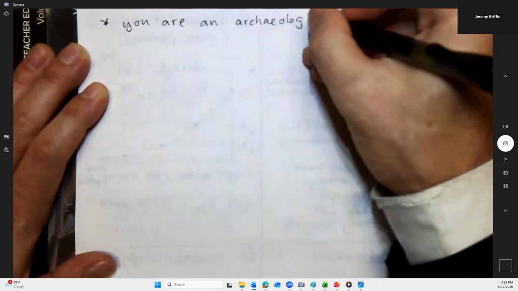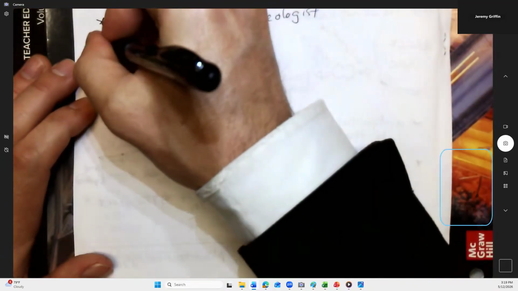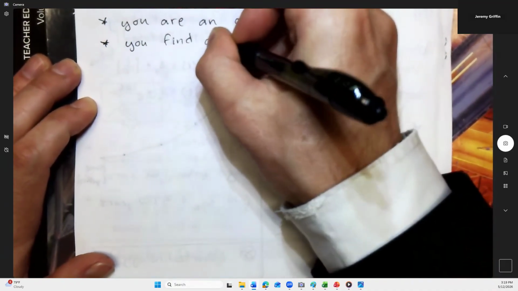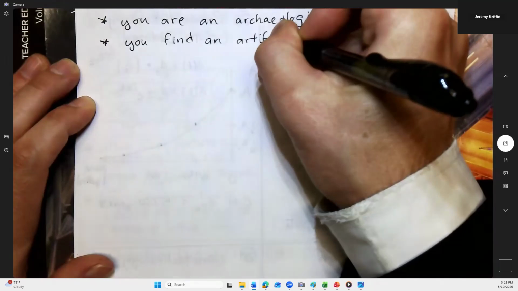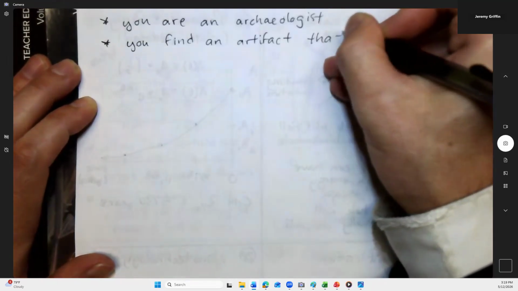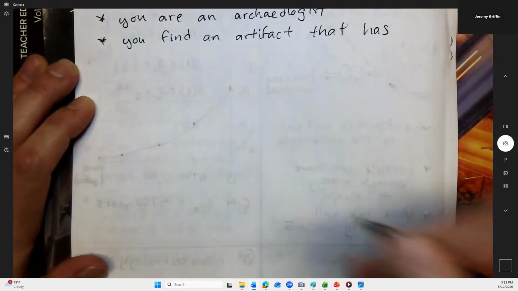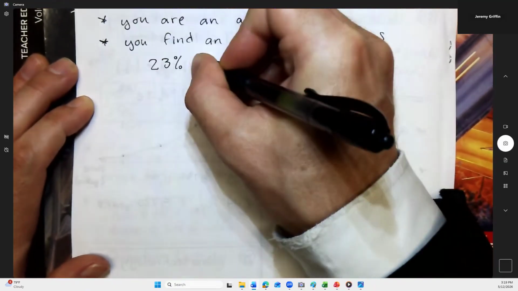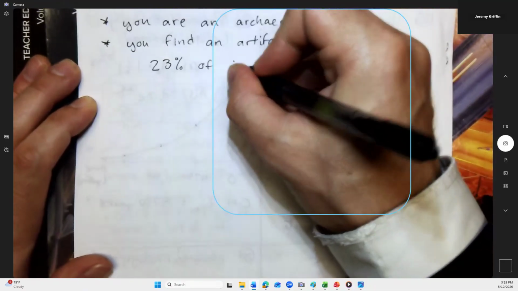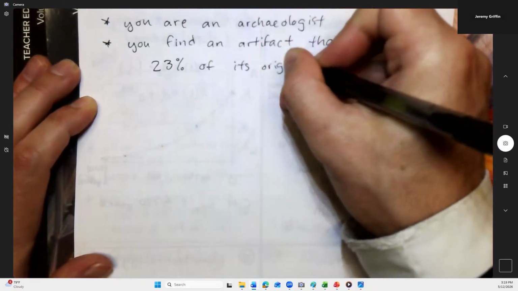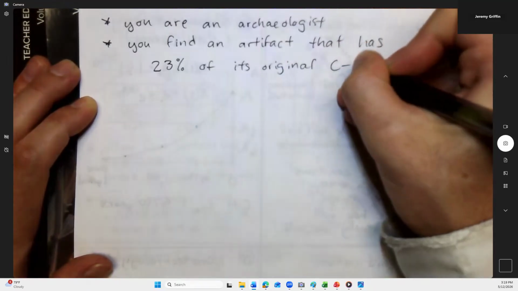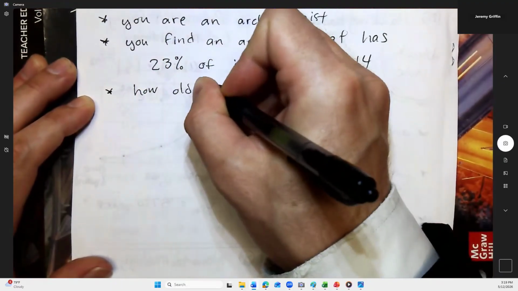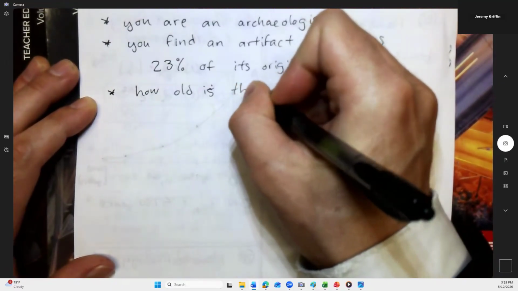And let's say you find an artifact, you take it to the lab, and it has, let's say, 23% of its original carbon-14. Okay, and the question is, how old is the artifact?